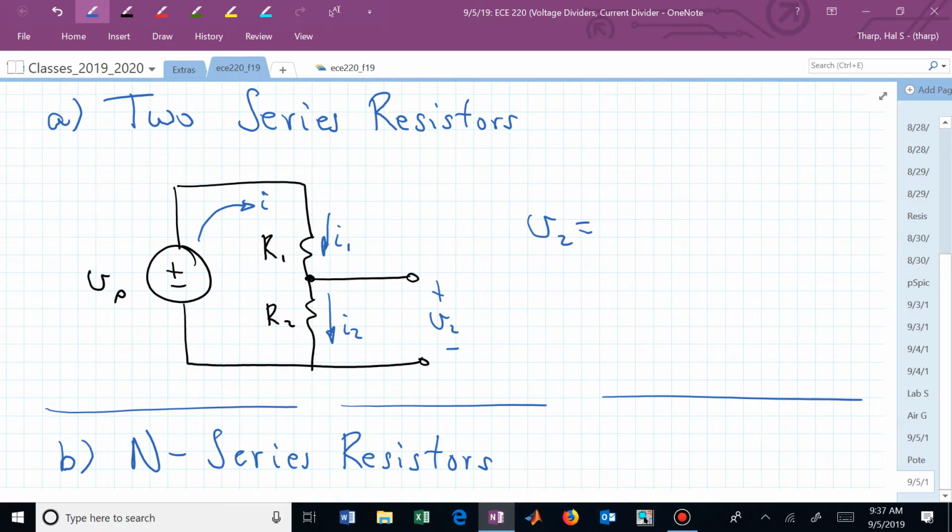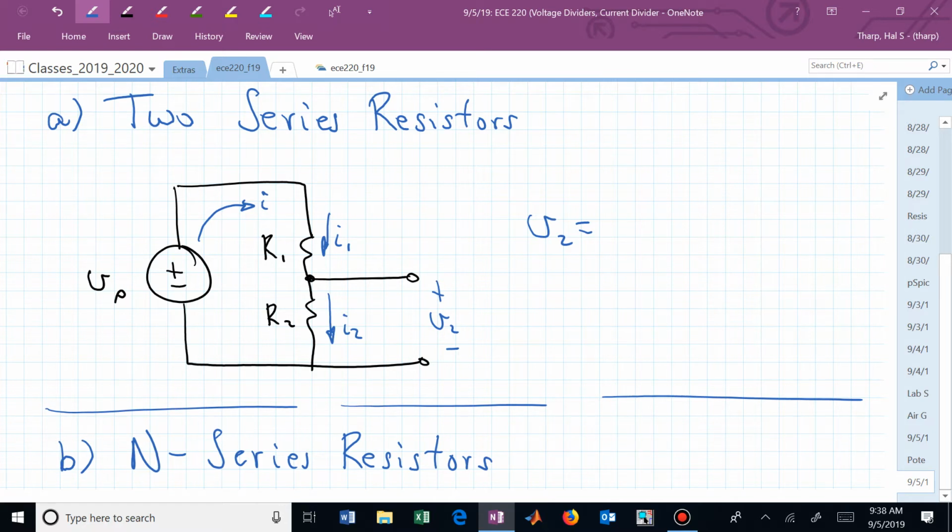All those I's are the same, aren't they? It's a series circuit. I is the same as I1 is the same as I2, and I you could find if you just knew the total resistance. And what's the total resistance of a series connection of two resistors? That's just the sum of those two resistors.